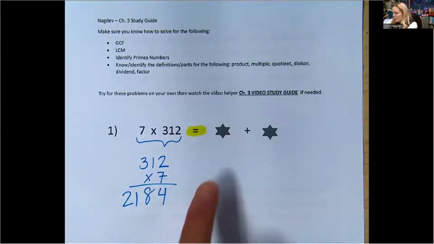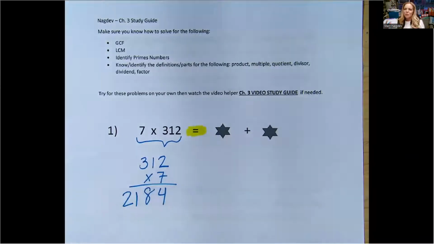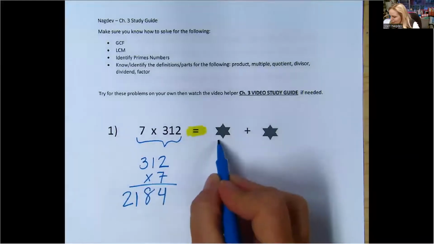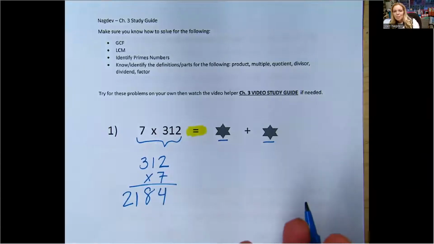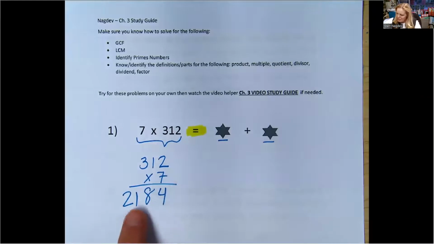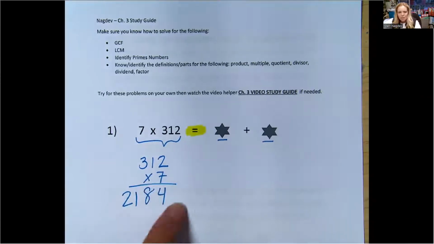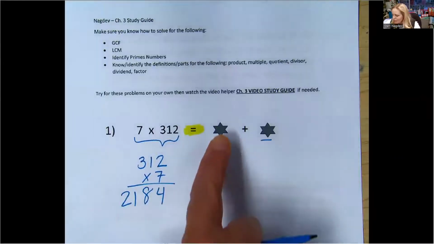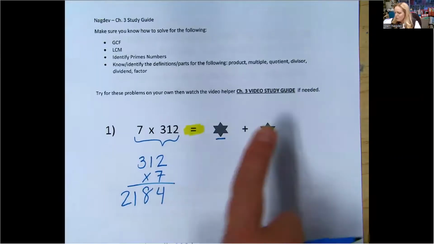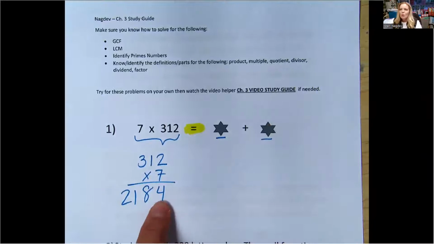I might not know what that symbol is yet, but here's what I do know: this value and that value are going to be the same. They're the same symbol. And I also know that if I split this amount in half, that'll give me this plus this should equal that. So that's our next step.